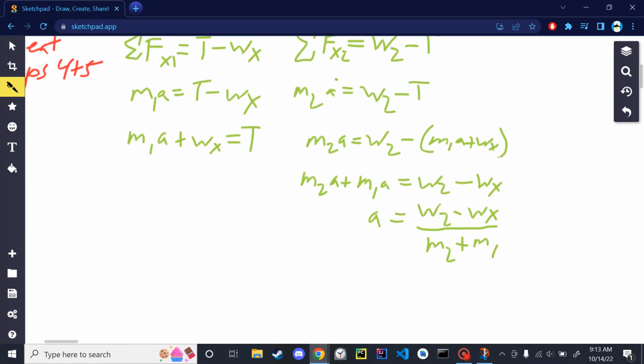And then divided by the sum of the masses, 5.1 plus 2.4. Negative, I guess. Negative 0.7 a, I guess. That makes sense there. Doesn't make sense there. Run with it.